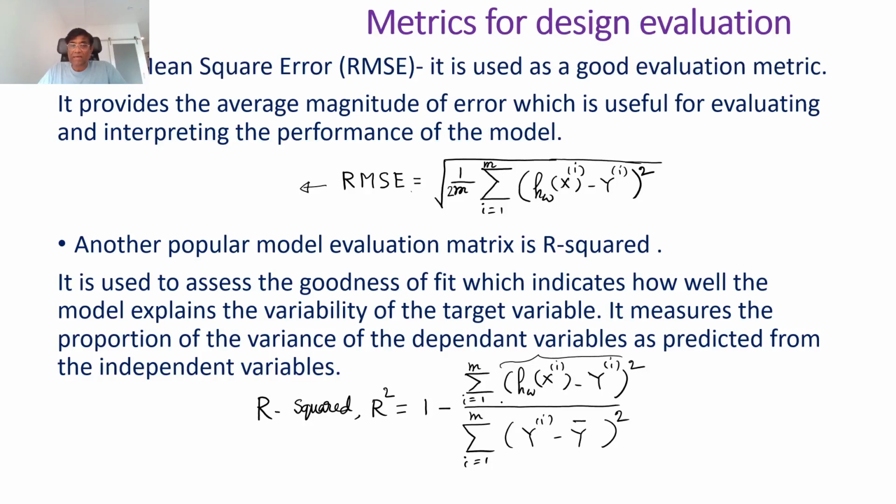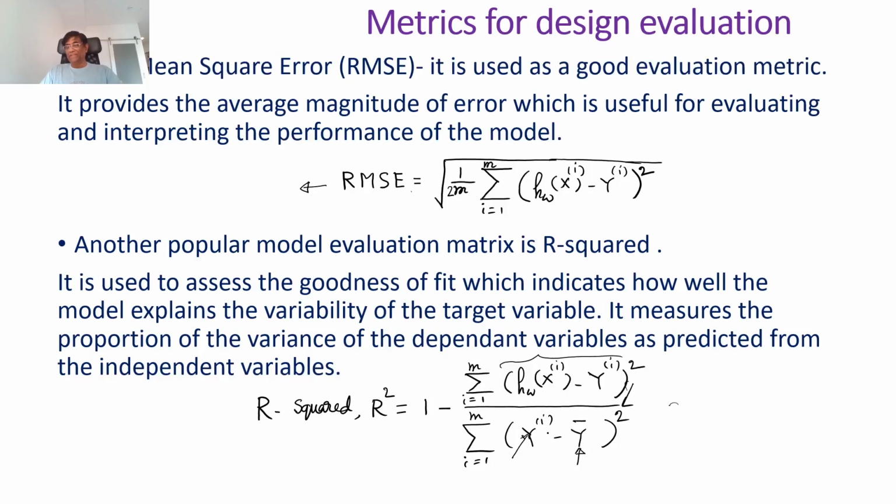So this is the error relative to the actual value, that is the dependent value, in case of housing price. This is the price of the house, and this is the mean price of all the houses. So basically the error is normalized with respect to this term, that means actual minus mean.